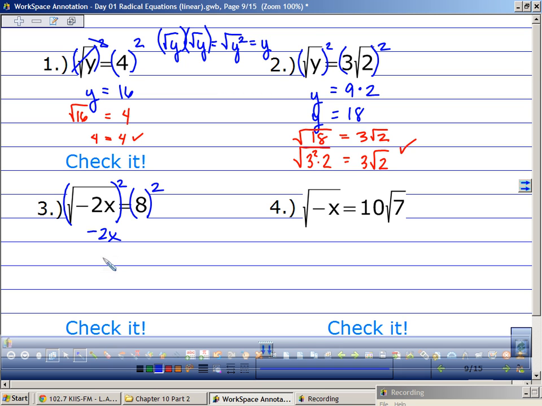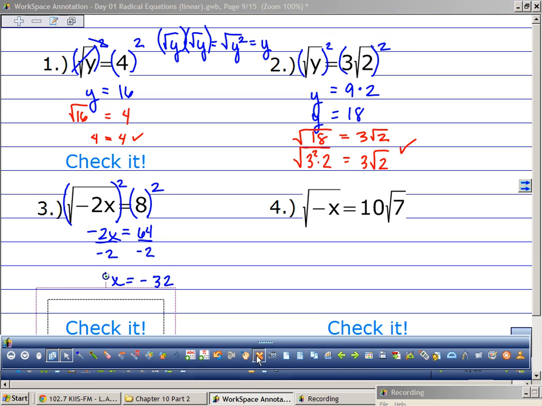See it now? So negative 2x equals 64. This is another big problem. You'll be doing it so fast you'll forget to square the 8. Can you see yourself making that mistake? Possibly. When I divide both sides by negative 2, I get x equals negative 32.